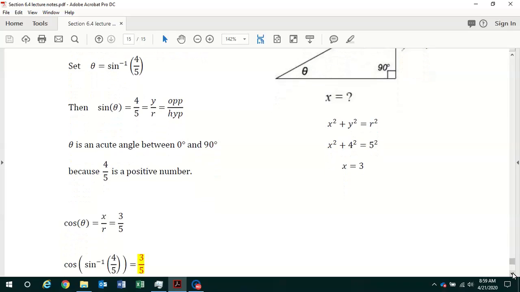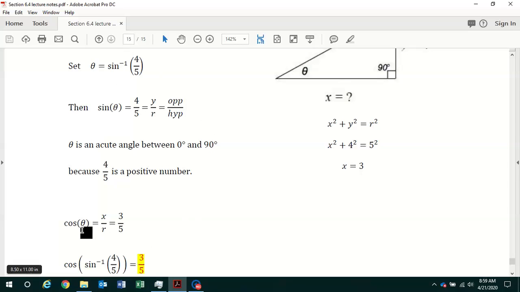So for our triangle up here, the cosine of theta is equal to x over r, which is adjacent over hypotenuse, is equal to 3/5. So cosine theta is equal to 3/5, but theta is equal to the inverse sine of 4/5.